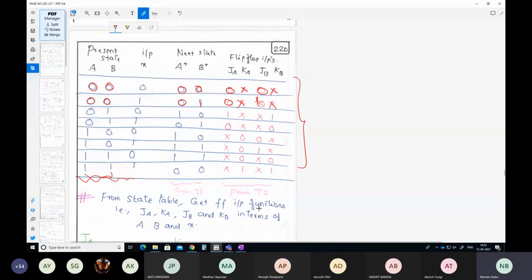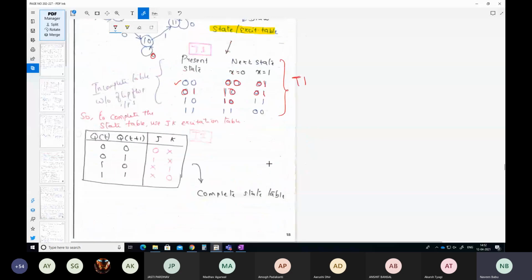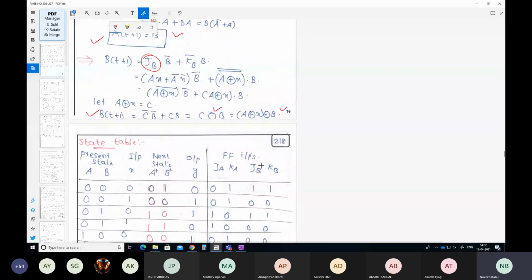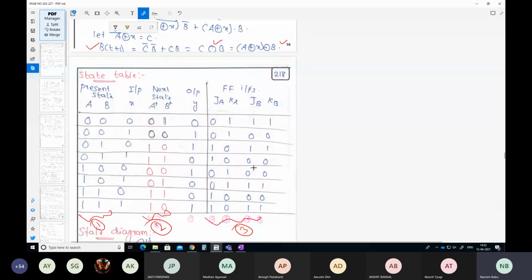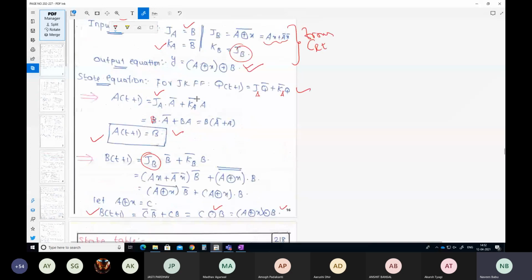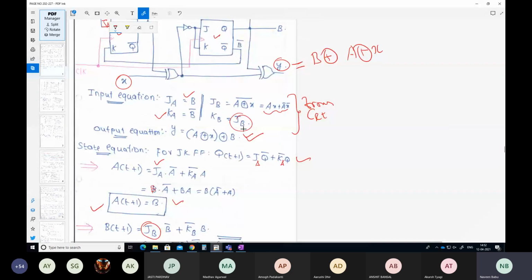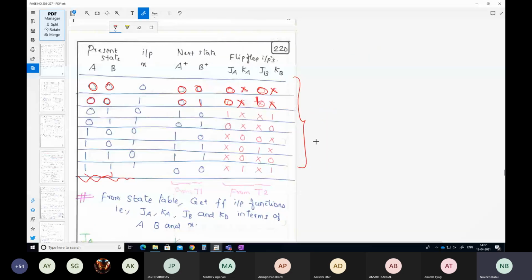So likewise, I fill up all possible entries of my flip-flop inputs. Once I do this, then what is the next step? What is the reverse step? We filled up this from where? From our input equations. So our objective is to get these input equations now. How do we get our input equations from this? Simple, you all know. We will write a K-map separately for all these input equations.